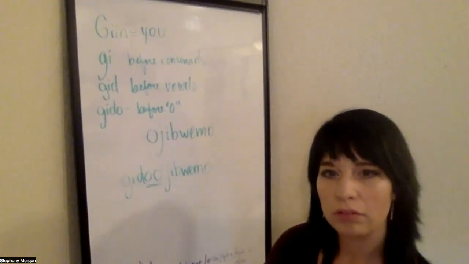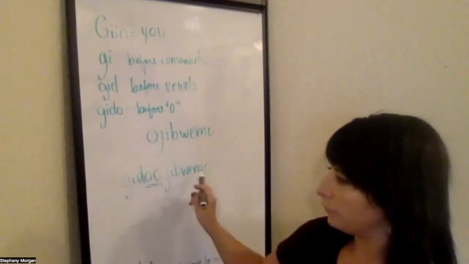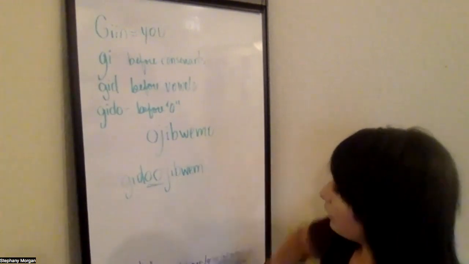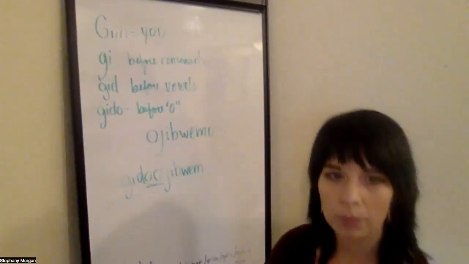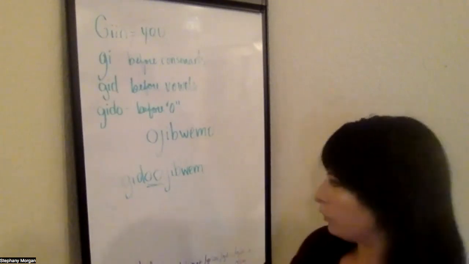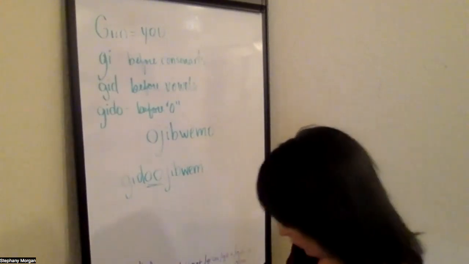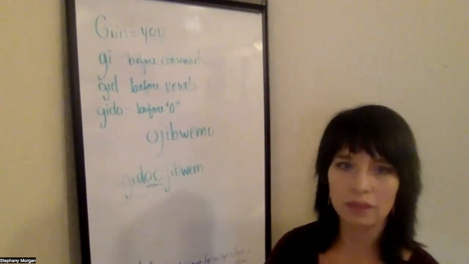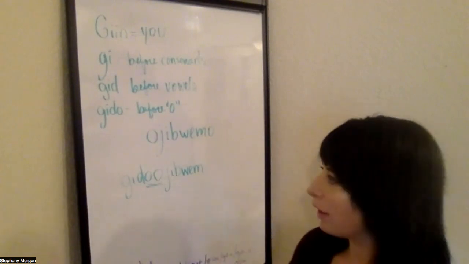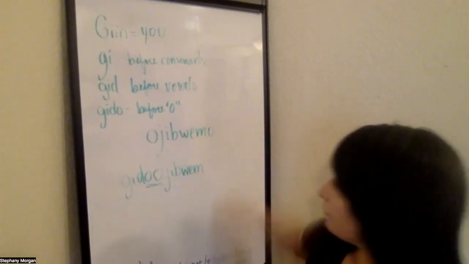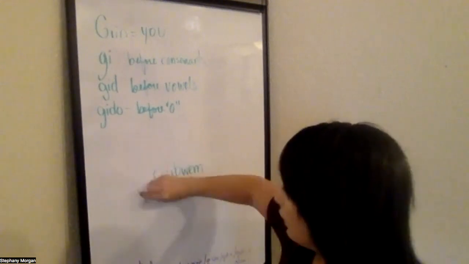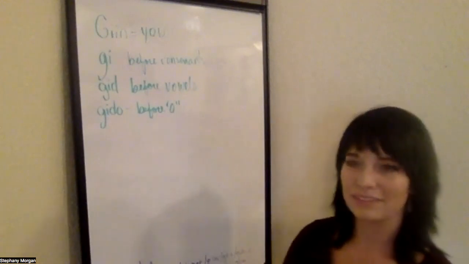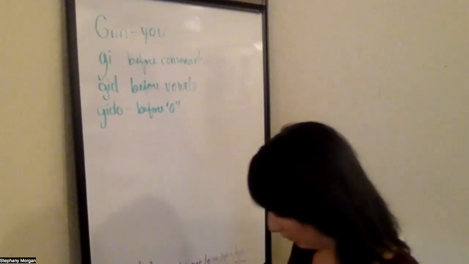So if you noticed, when I said this word, I dropped that short vowel off the end. Whenever you're talking about me or you, you drop the short vowel. So such as wisene, he or she is eating, ge wisen, you are eating, or ni wisen, I am eating. It seems like a lot, but you'll get the hang of it. It'll start to feel very natural.